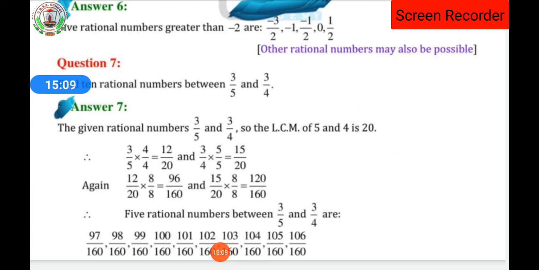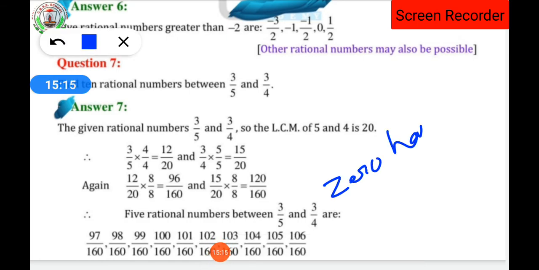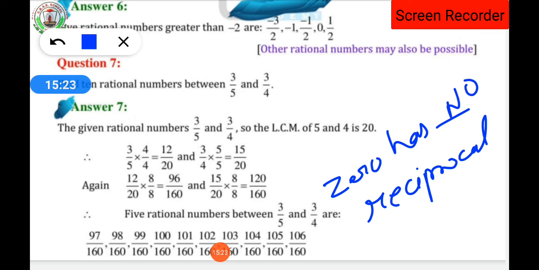Next, some fill up type questions can also come, like 0 has dash reciprocal, isn't it? So 0 has dash reciprocal. As we know, 0 has no reciprocal, 0 का कोई reciprocal नहीं होता. So this can come in your exam as a fill up.